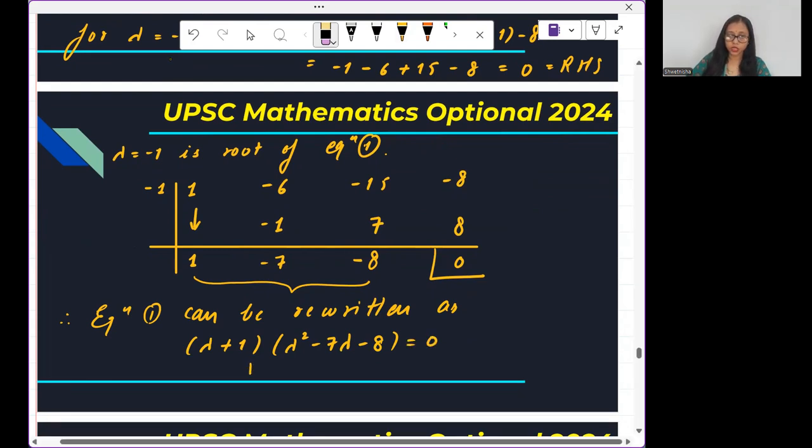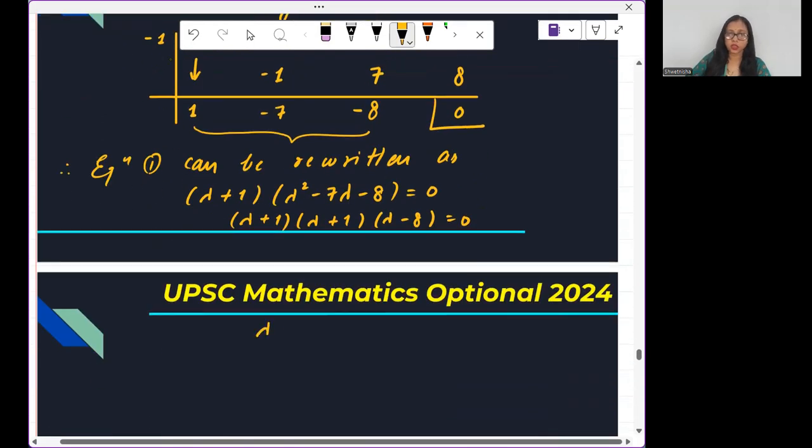That gives me lambda plus 1, lambda plus 1 and lambda minus 8 equal to 0. So the three possible values of lambda are -1, -1, 8.